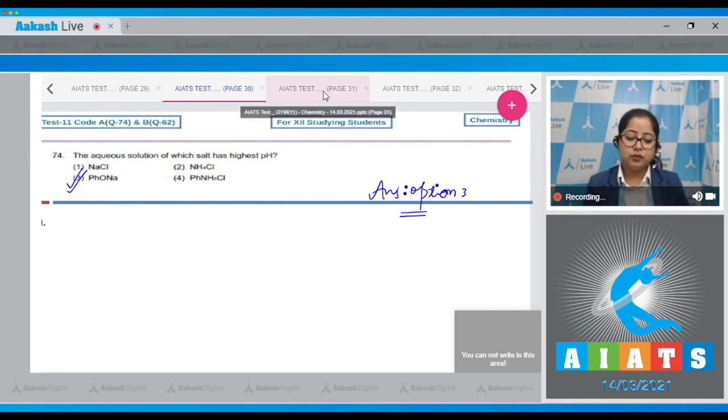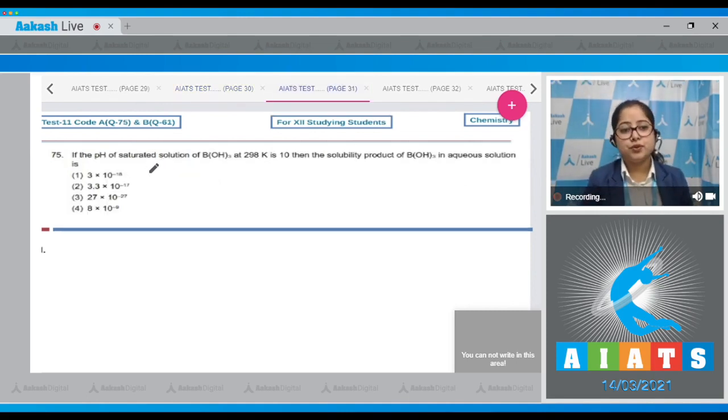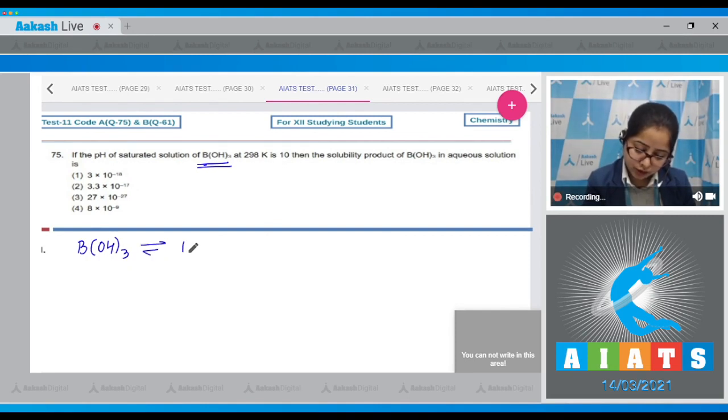Moving to the next question, which is 75. Let's read it. If the pH of a saturated solution of BOH3 at 298 Kelvin is 10, then the solubility product of BOH3 in aqueous solution is. Students, here we are given BOH3. So this on dissociation gives B3 plus and 3OH minus.